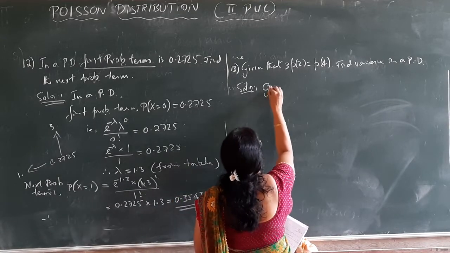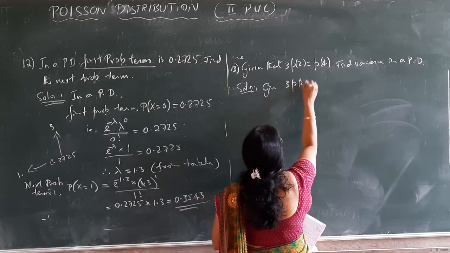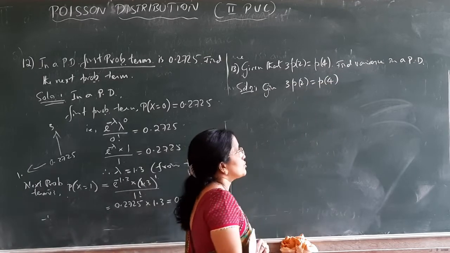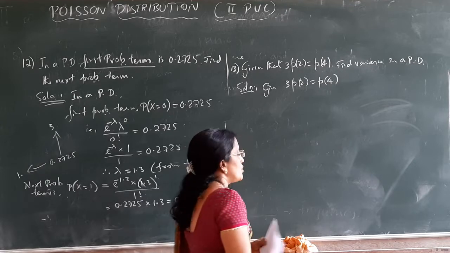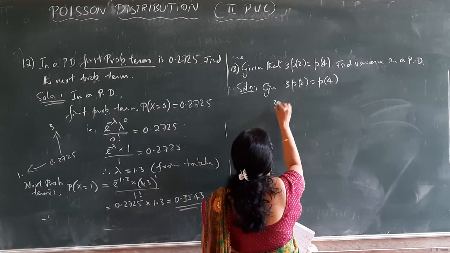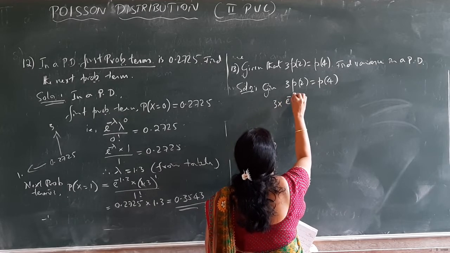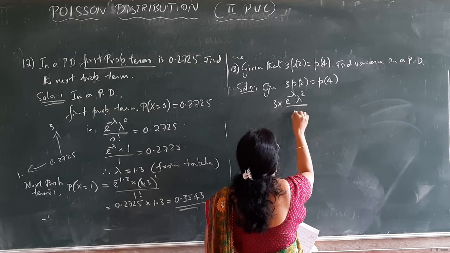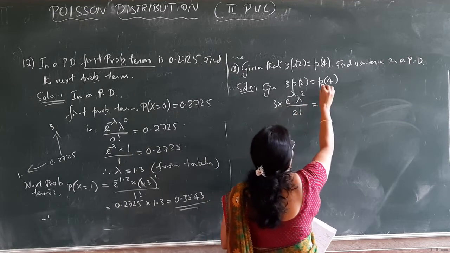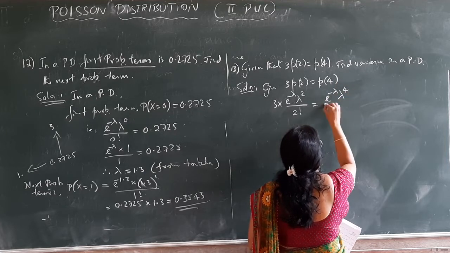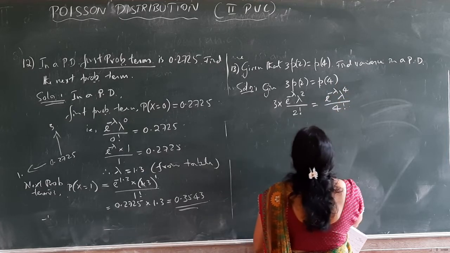What is the given information? Given 3 into P of 2 equal to P of 4. P of 2 is P of x is equal to 2. P of 4 is P of x is equal to 4. Now, substitute the values of x in the probability mass function. 3 into e power minus lambda, lambda power 2 divided by 2 factorial is equal to e power minus lambda, lambda power 4 divided by 4 factorial.